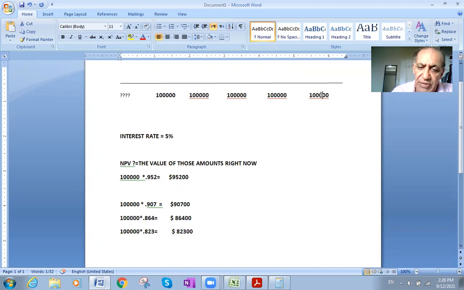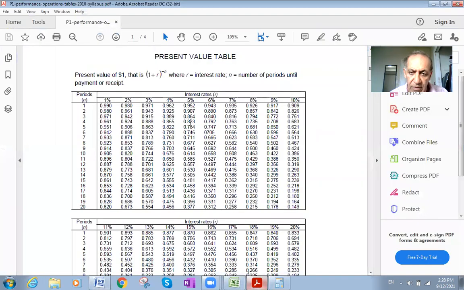So here now also this 100,000, we'll take it, Control and V, then we multiply by the factor. We'll go to the table of the present value with the interest rate of 5%, year number 5, 1, 2, 3, 4, 5, 0.784.